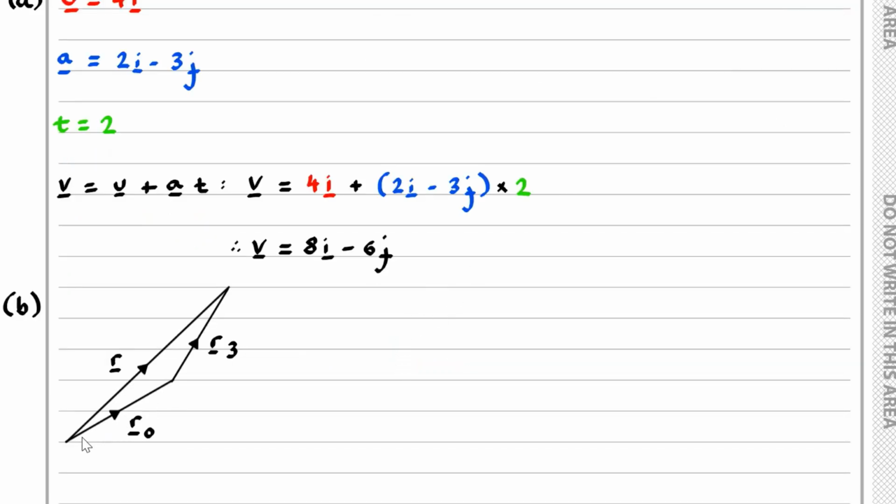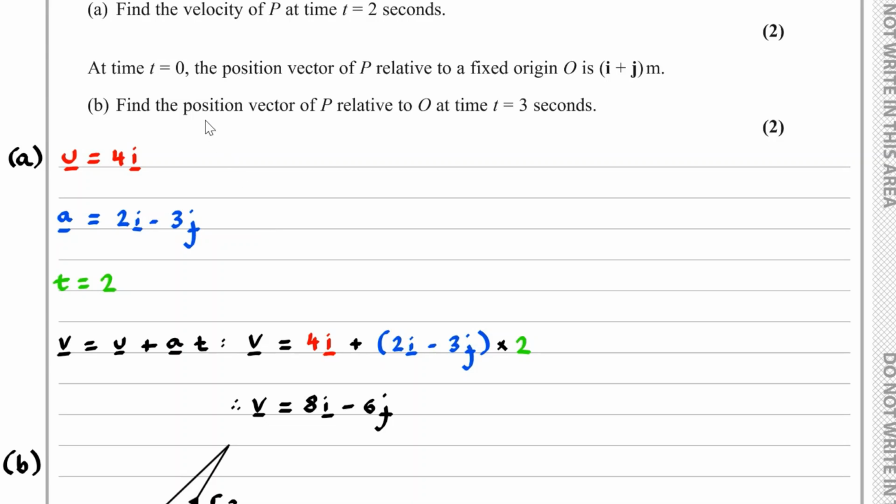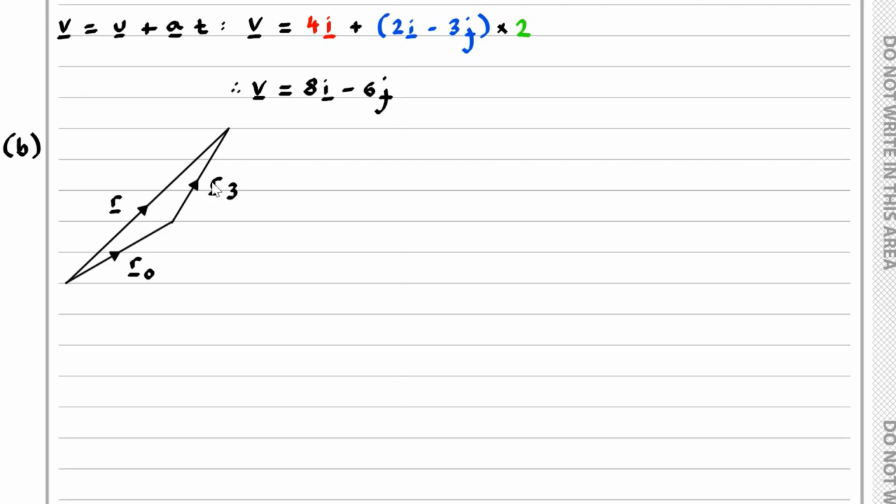We have the position vector when t equals 0, the position vector when t equals 3, and then the resultant vector r is shown here. Now of course we are considering resultant vectors because we are finding the position vector of P relative to O. So the word relative to O would suggest we need a diagram like we see over here.